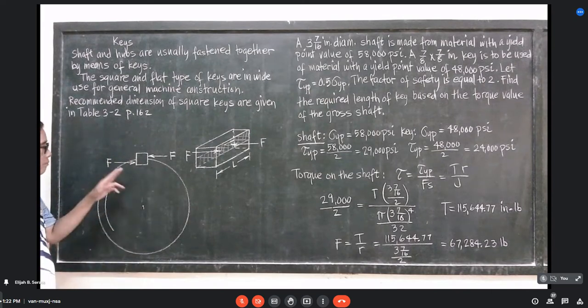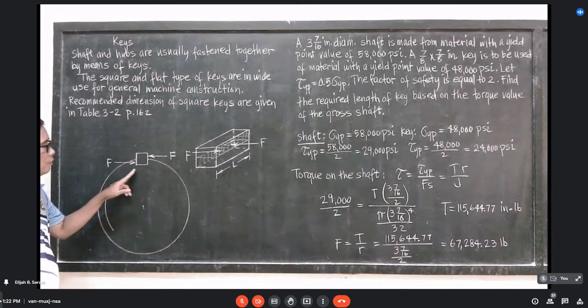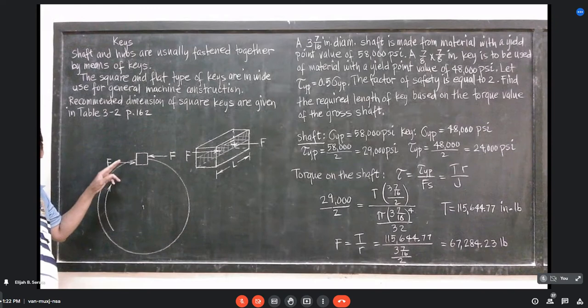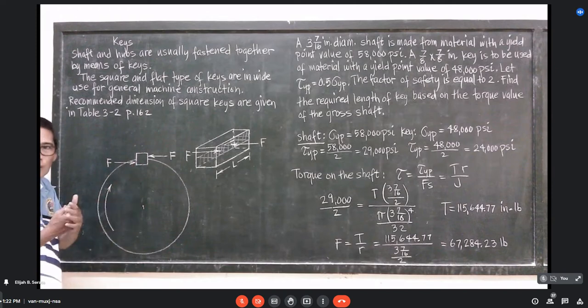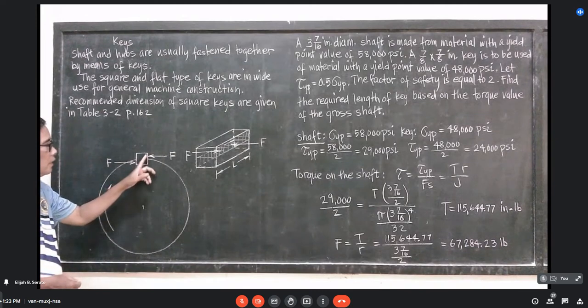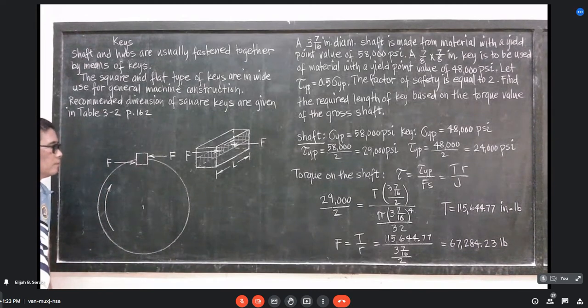But with this condition, this is the side wherein there is a force of contact between the surfaces of the key and the shaft, and this is the side wherein the surfaces of the key and the hub are in contact or pushing against each other.